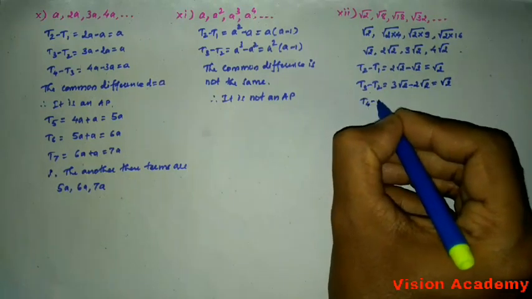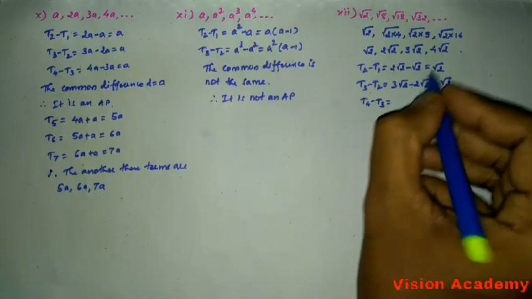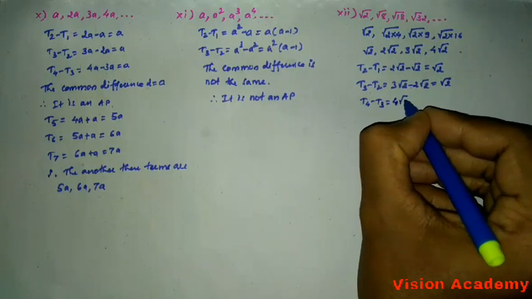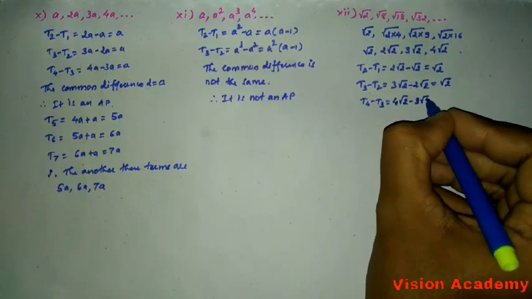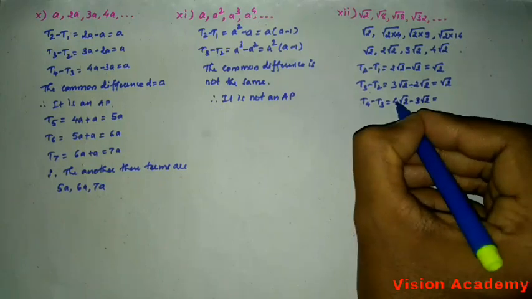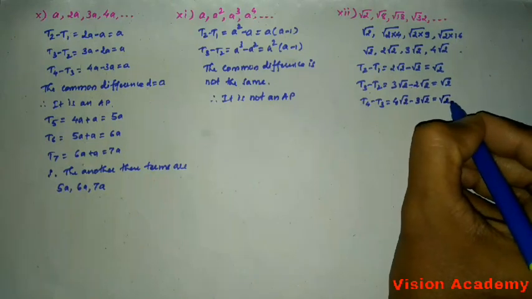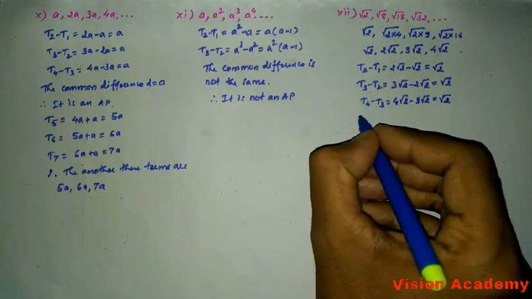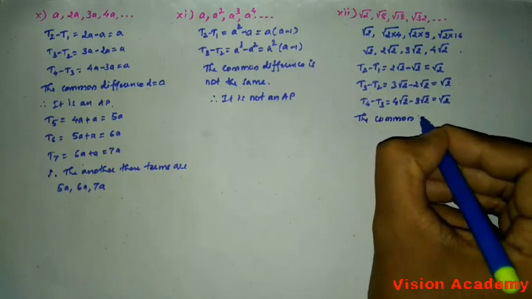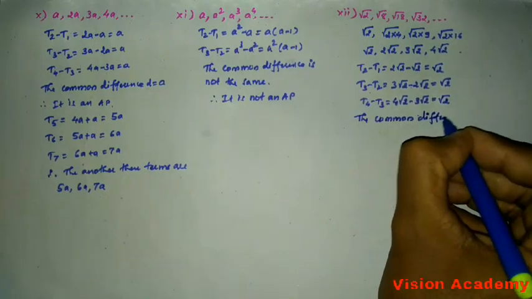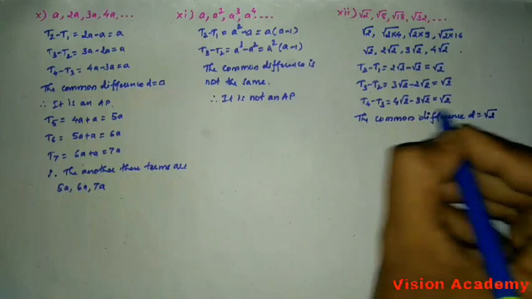Next, T4 minus T3 is equal to 4 square root of 2 minus 3 square root of 2. 4 minus 3 is 1. 1 square root of 2 is square root of 2. Therefore, the common difference D is equal to square root of 2.